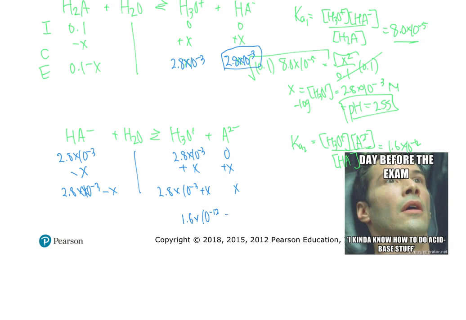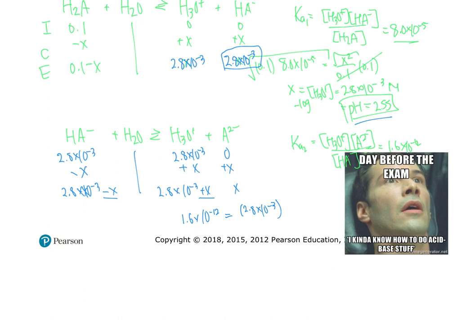So now what we get to do, which we'll learn next chapter more explicitly, is get rid of the plus and minus X's right here when we plug in. So I'm going to do hydronium, which is 2.8 times 10 to the negative third. And I don't need to do plus X because I'm going to gain so much less that, as we said, it would be insignificant for the pH.